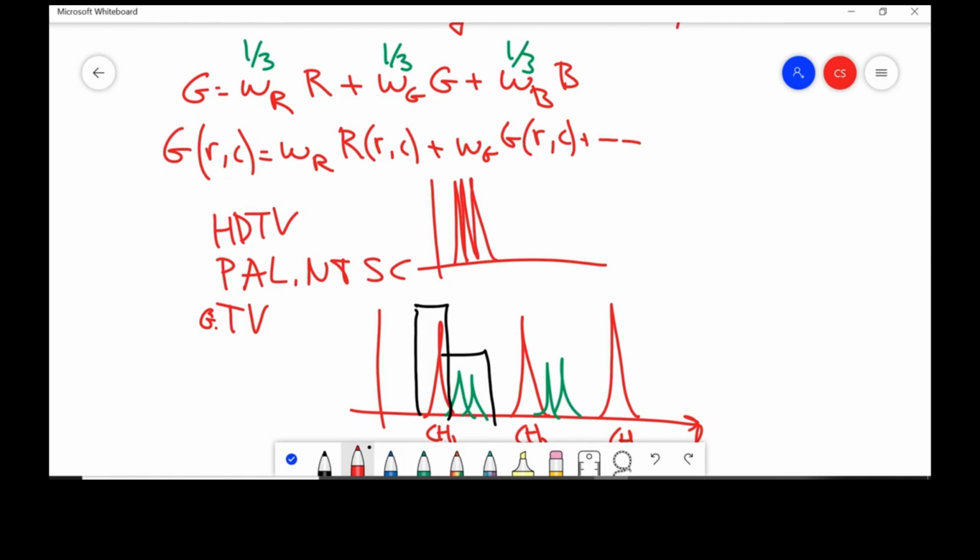So now we can put many more channels in the same amount of spectrum, and there is a whole business there for the governments. The owners of the radio frequency spectrum are the governments, and they can sell. So now, to transmit 3 channels, I needed all this spectrum. Now I only need this. I have extra space to sell, and those are the licenses that they sell to televisions and radio stations and so on.